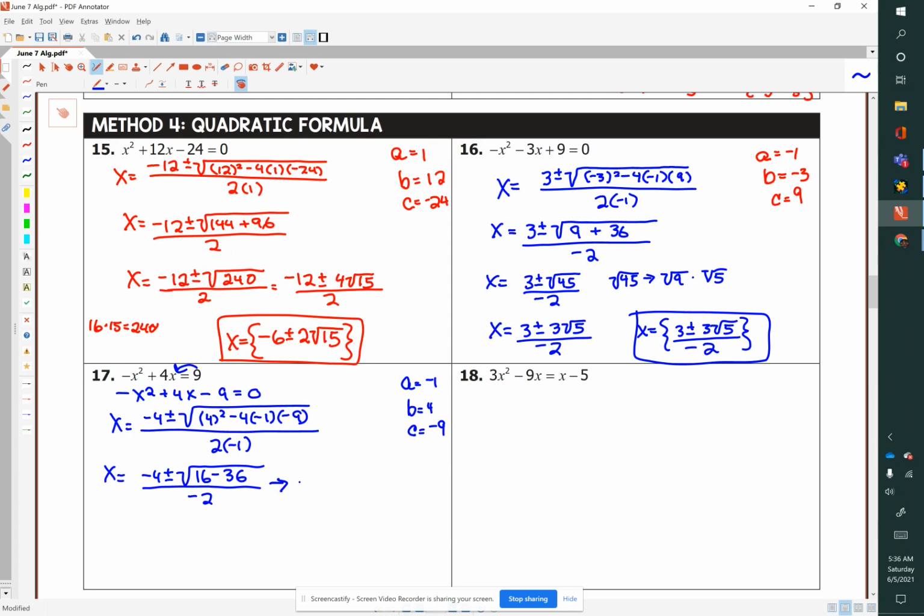And let's simplify that further to -4 plus or minus the square root of -20 over -2. And I hope you notice that at this point, when we see the negative number in the radical, we can go no further because there is no solution to this problem.